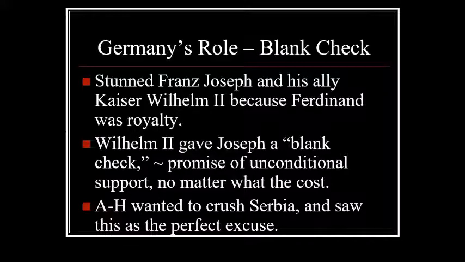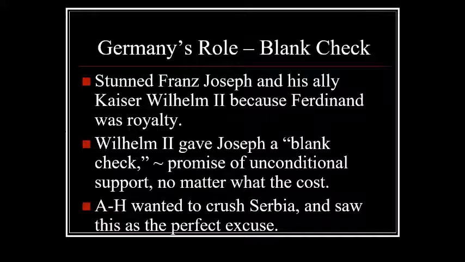So, Franz Joseph, who is the leader of Austria-Hungary, so, like the father of Franz Ferdinand, he basically goes to his buddy, Kaiser Wilhelm II of Germany, and he's like, hey, if things go down, you got my back? And Wilhelm gives them what is called the blank check.